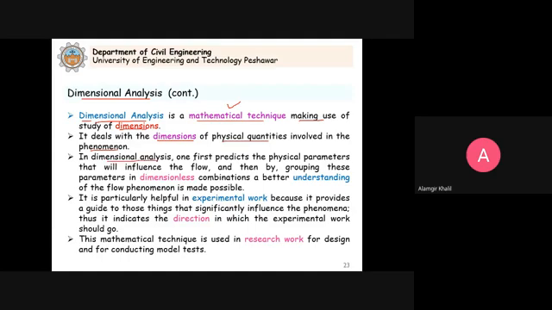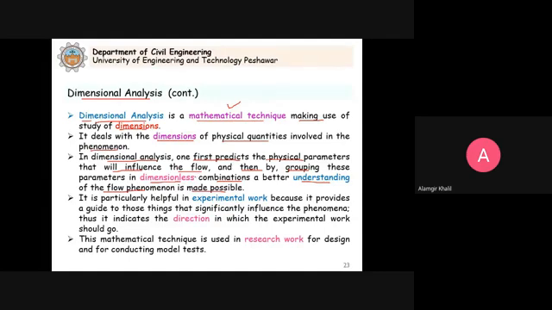In dimension analysis, one first predicts the physical parameters that will influence the flow and then by grouping these into dimensionless combinations, a better understanding of the flow phenomena is made possible. As I told you, you see what the first step is: one first predicts the physical parameters that will influence the flow.